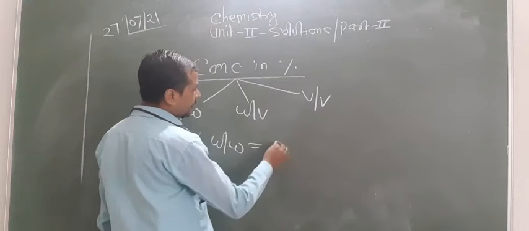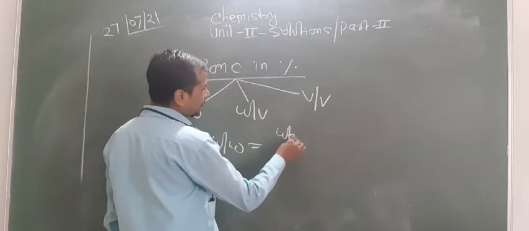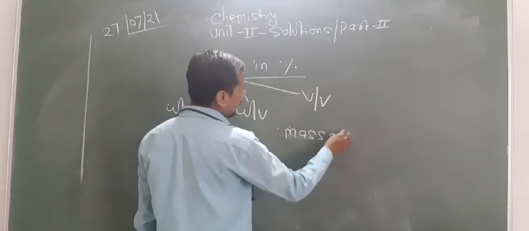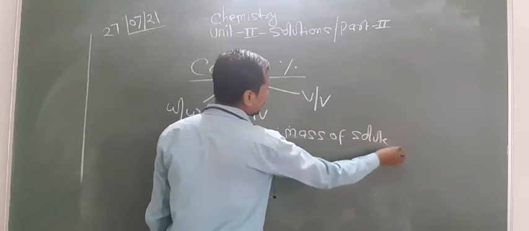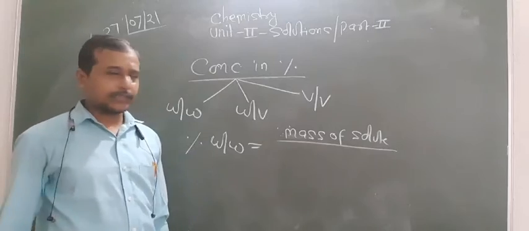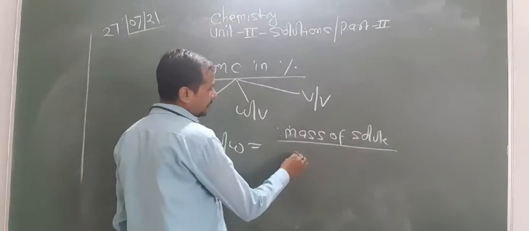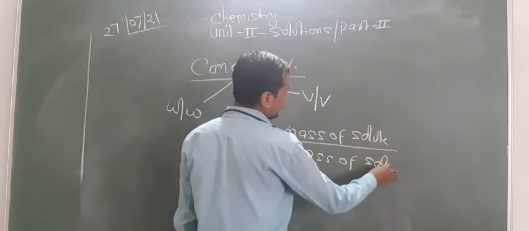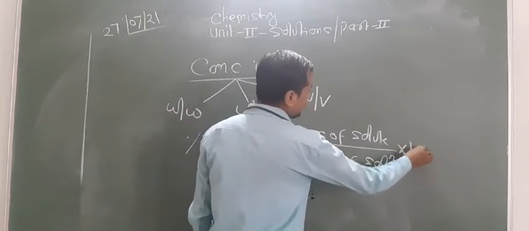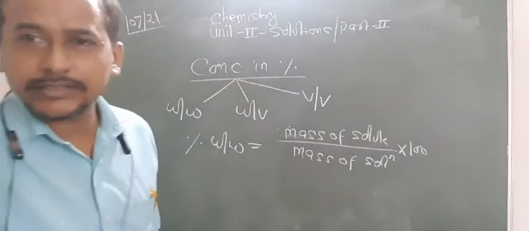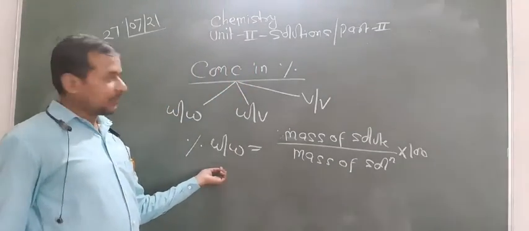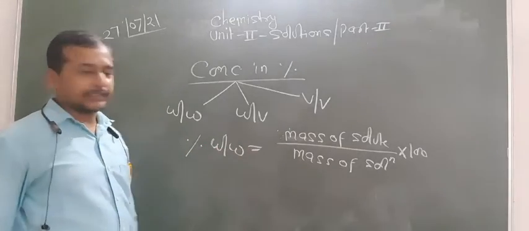Weight by weight percentage means the mass of solute, or mass of one component, divided by mass of solution, and for percentage you have to multiply by 100. By this way you can measure the weight by weight percentage.